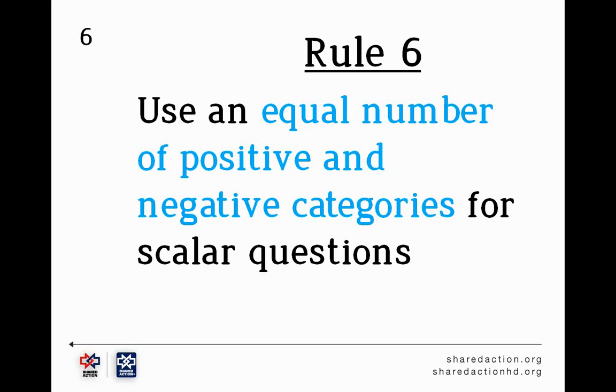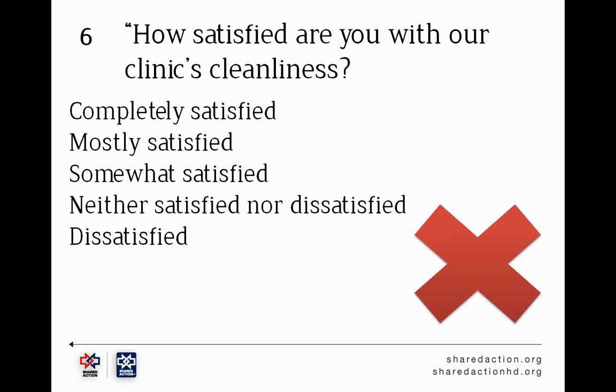Rule 6 is you always want to use an equal number of positive and negative categories for scalar questions. And scalar questions are the strongly disagree, disagree, neutral, agree, strongly agree kind of questions. What happens if you give a question like this, how satisfied are you with the clinic's cleanliness?